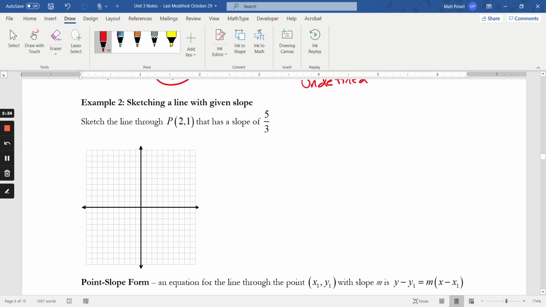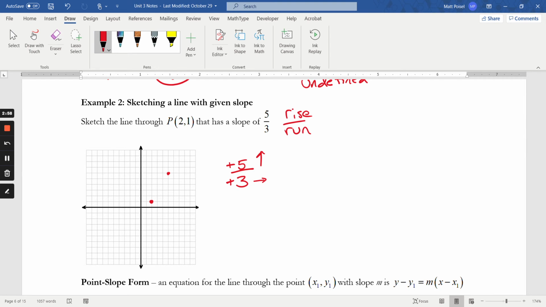All right, the next thing, we're going to sketch a line. So we're just going to go ahead and put this point on the graph. So there's the point, 2, 1. When we talk about slope, we talk about rise over run. So 5 over 3 can be +5 over +3. That means we're going to go up 5 and then go to the right 3. So there's one dot. Now if you'll notice, if I try to do that again, I'm going to be off the graph.